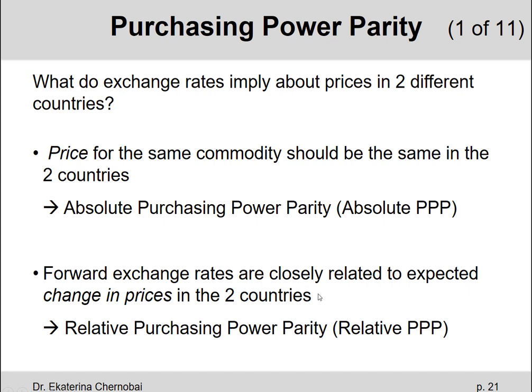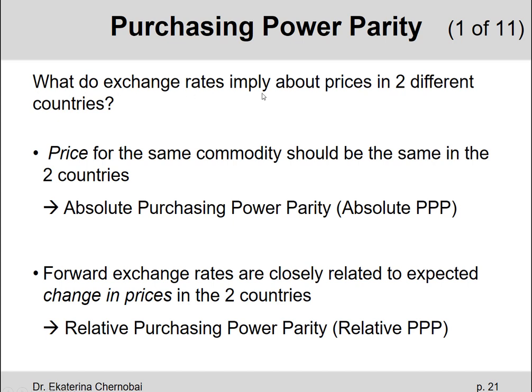Okay, now that we've covered the basics of exchange rates, what they really mean, how they can be expressed, and two types of exchange rate, spot and forward, now let's look at how the exchange rate can be used in other international finance contexts.